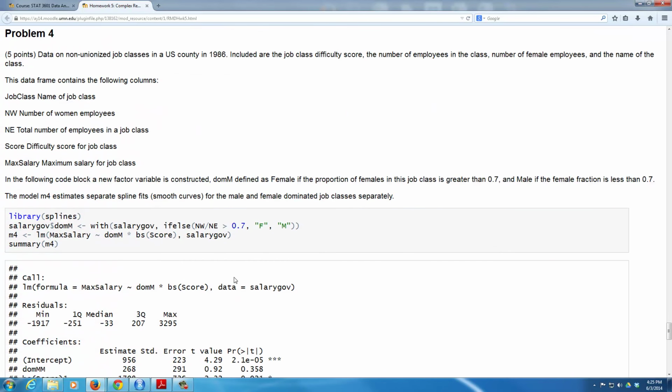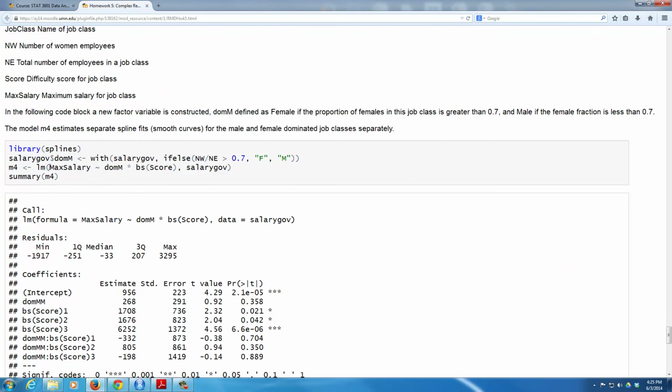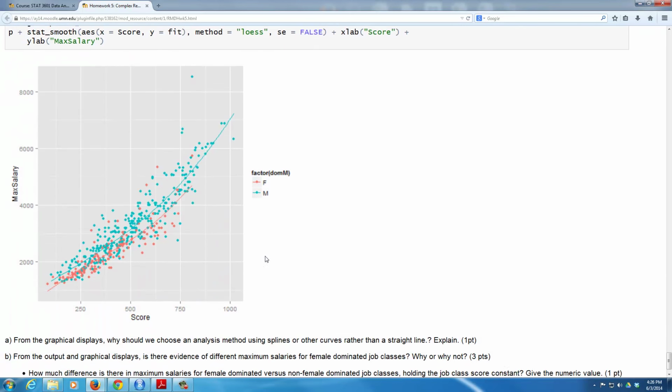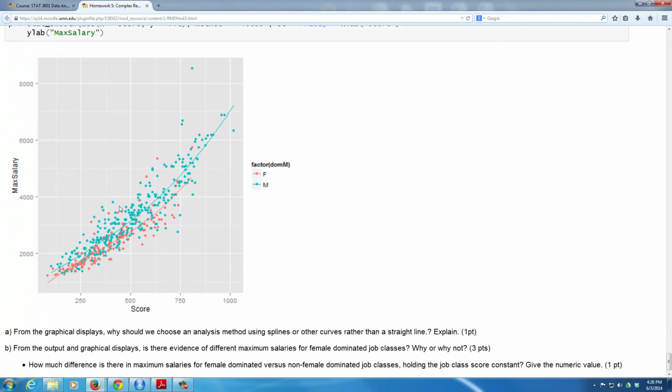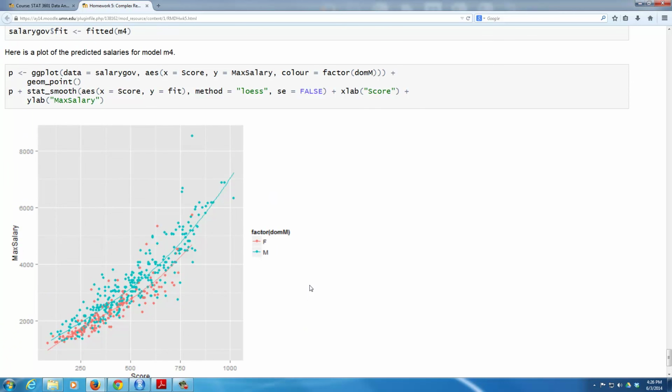Final problem is a problem that uses maximum salary explained by a job score variable. There's evidently a connection between job score and the salary that people make. And the question of interest in this problem is whether the salary has a difference depending on whether it's a female-dominated profession or not.